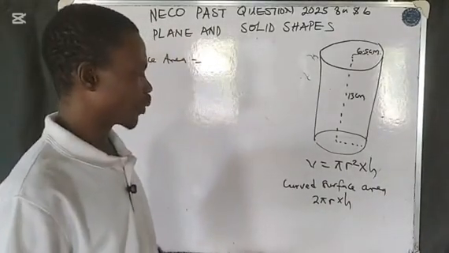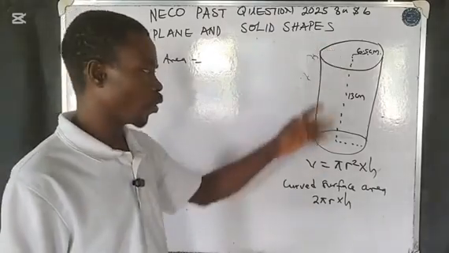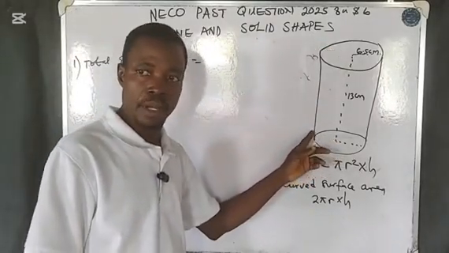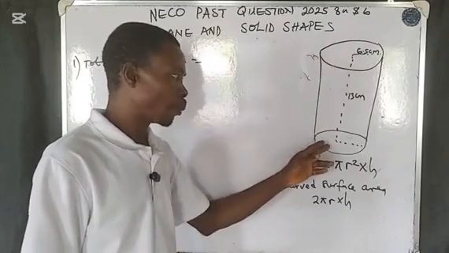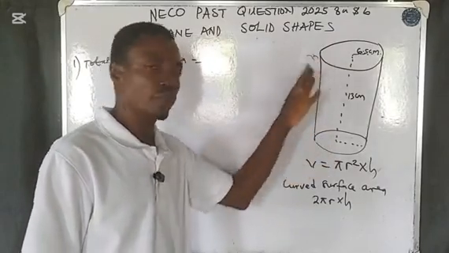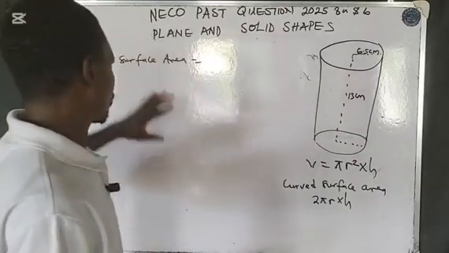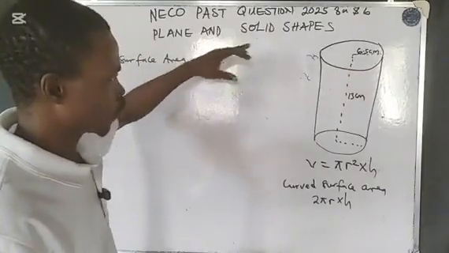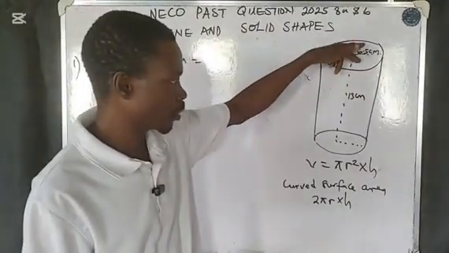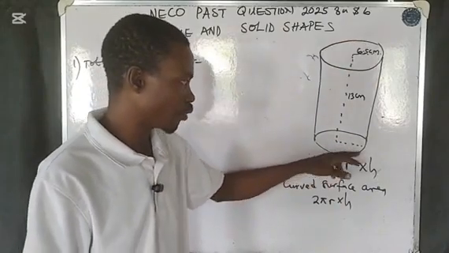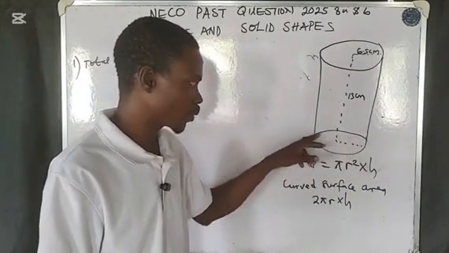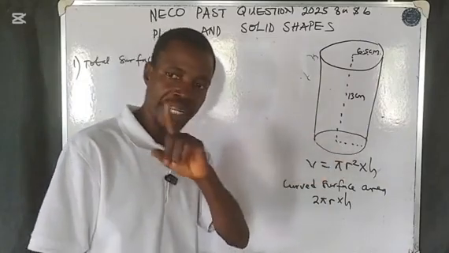We are not told whether the top is open or whether the two of them are open or closed. So we will assume that the two of them are closed. That's why they're even telling us total surface area. But assuming only one is open, we will use the area of a circle only, one area of a circle.